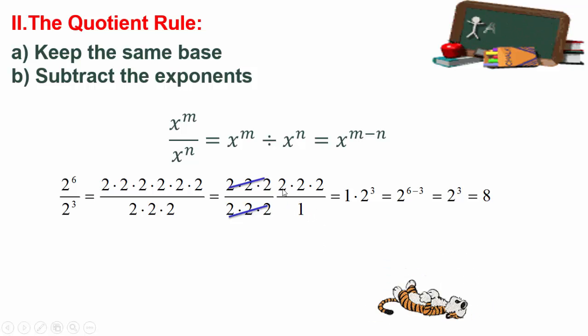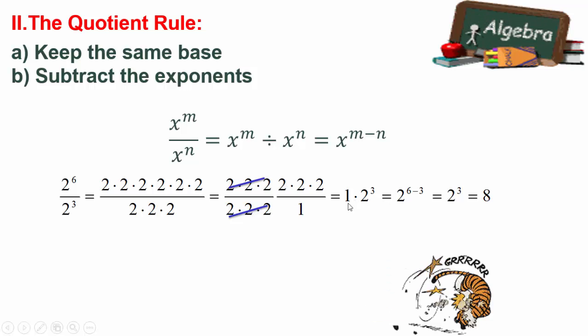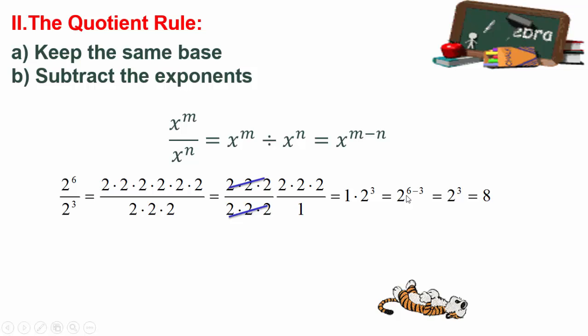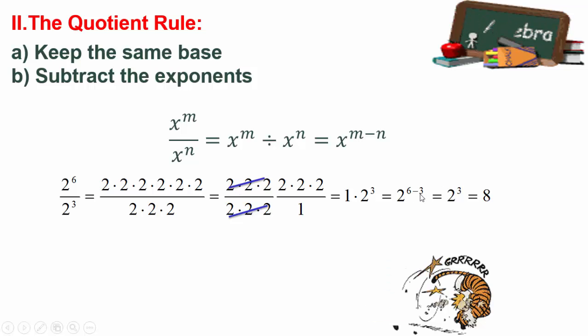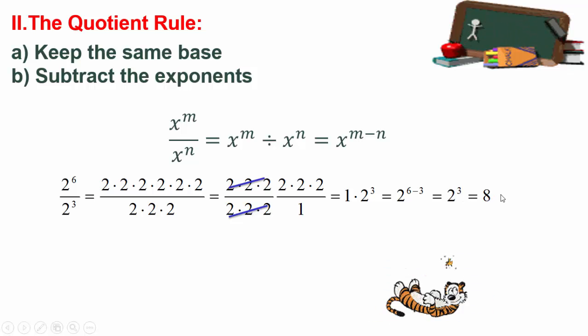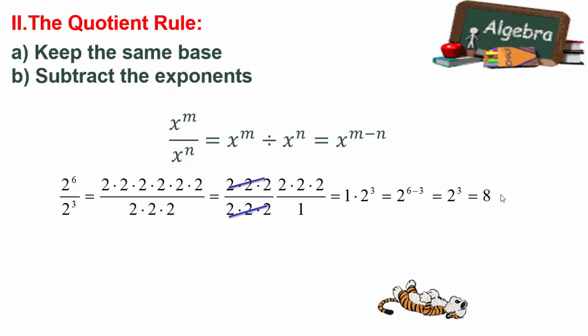And that means that I have 2 times 2 times 2, or 2 cubed, and this is essentially 1 because they're exactly the same. So that's the same thing as saying 6 minus 3, which is also 2 cubed. And it just turns out that if we work that out, 2 cubed is 8.